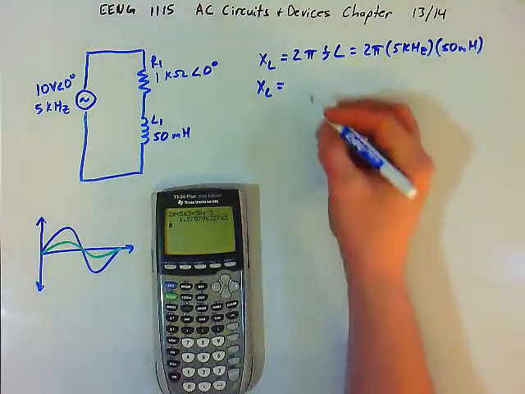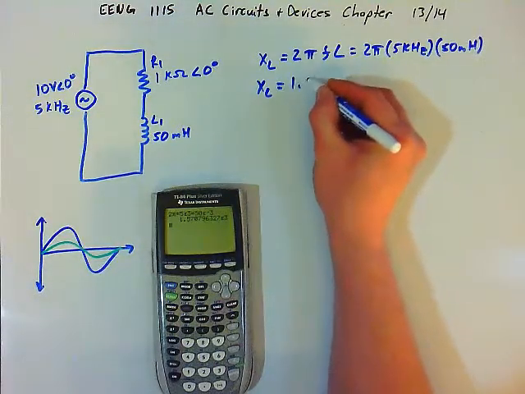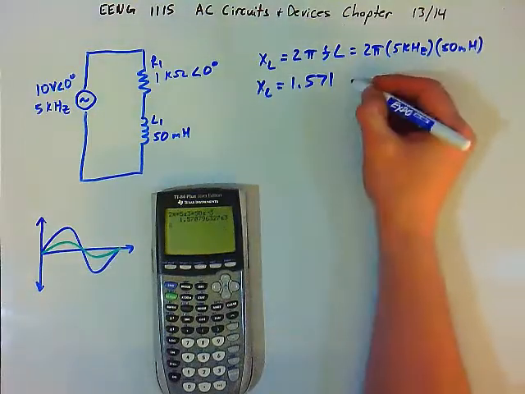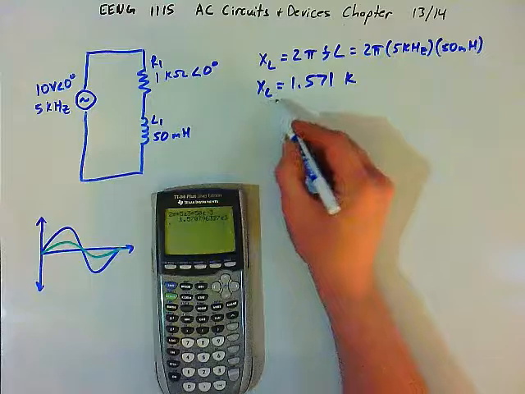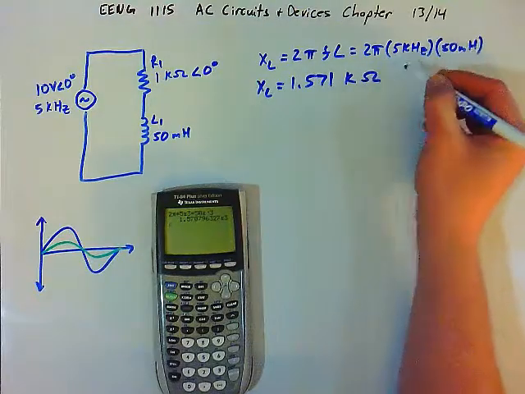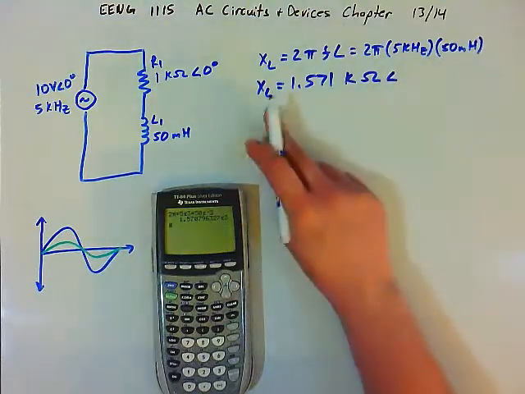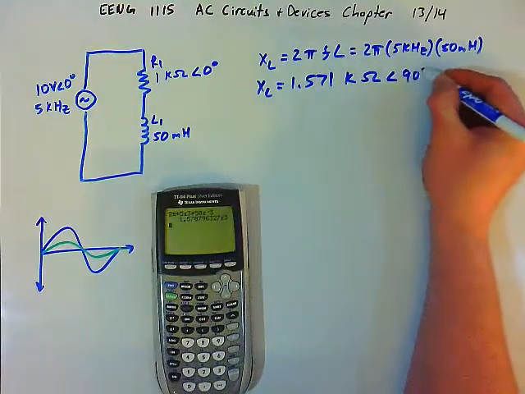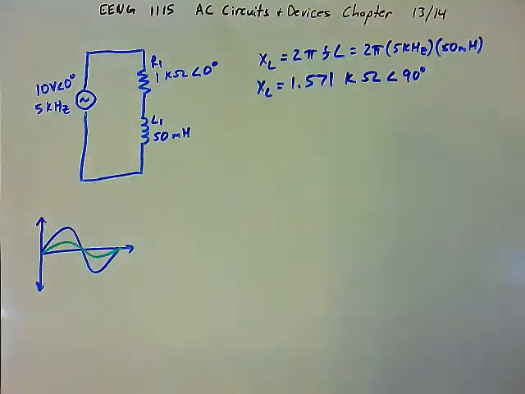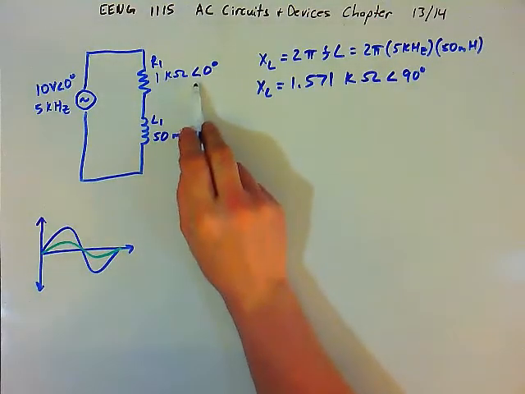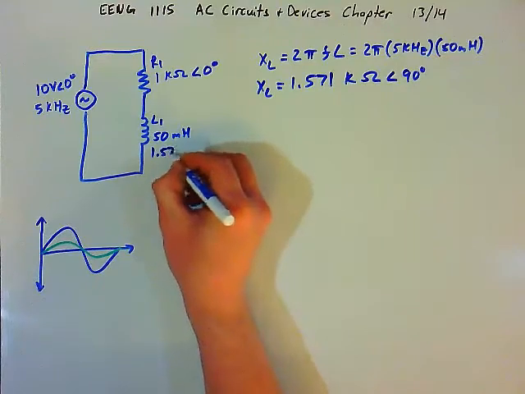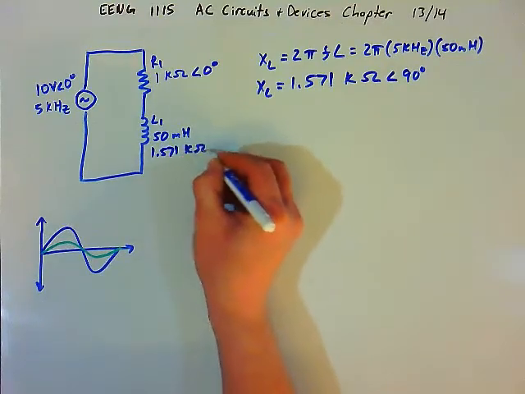And we get an inductive reactance of 1.571 kilo. Inductive reactance is measured in ohms, and the phase angle of inductive reactance is always positive 90 degrees. So the resistance is 1 kilo ohm at 0 degrees. The inductive reactance is 1.571 kilo ohms at 90 degrees.